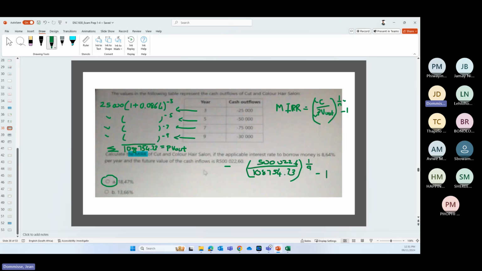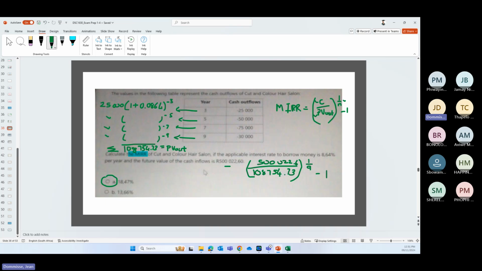The outflows are only on those two numbers, the 70,000 and the 80,000. So we would have done it the same way here, where we would have said 70 times 1 plus 14.25% to the power of -5. The other one would have been 80,000 in brackets 1 plus. Then we have our cash flows, so we could have used this formula again.